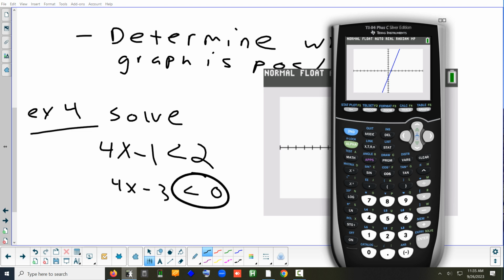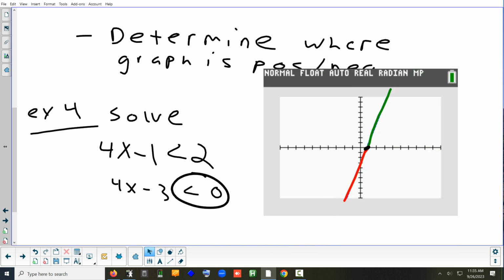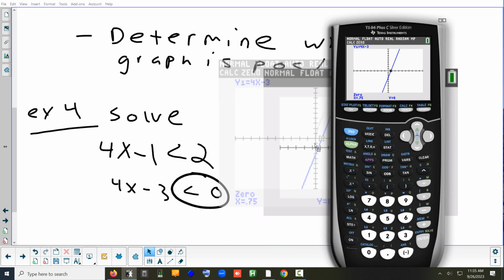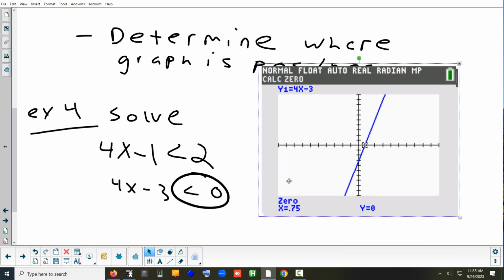Okay, so let's find where we are exactly 0. Second calc, zero. Pick a point left, right, and guess. So we are exactly 0 at 0.75.